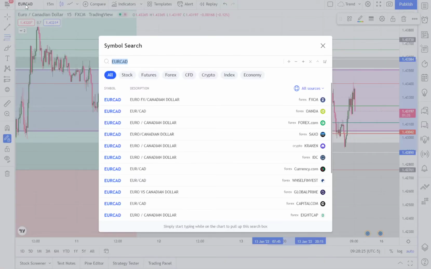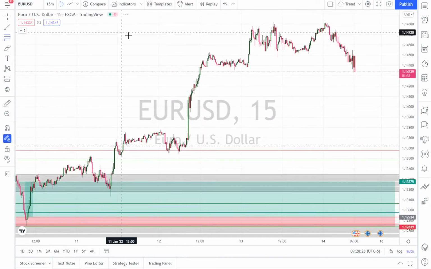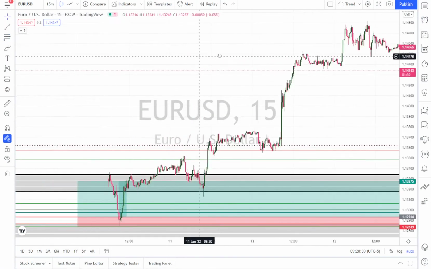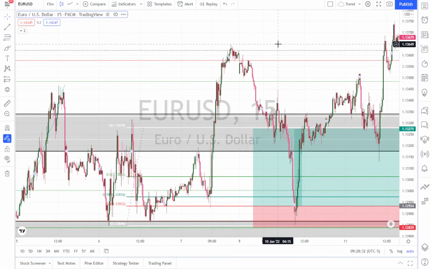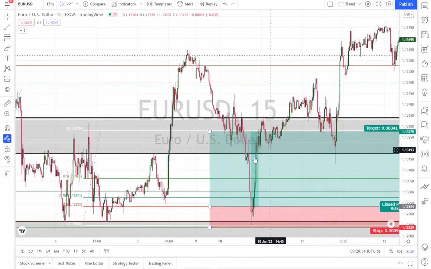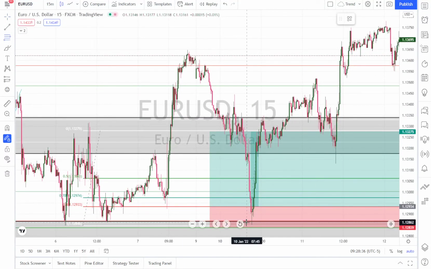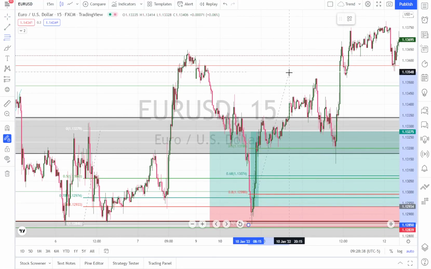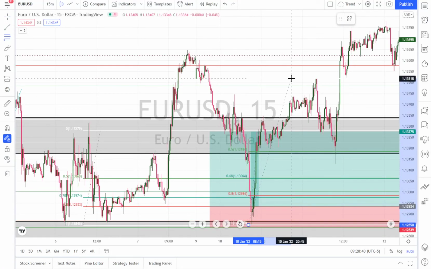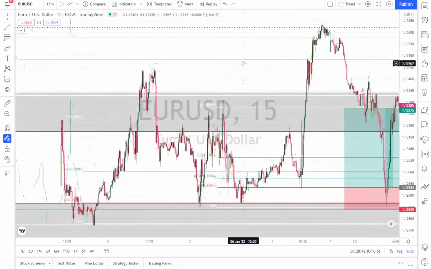But if we go to Euro USD, I don't see it happening here because this has already been, let's see. Yeah, it didn't come down to the 68 level.